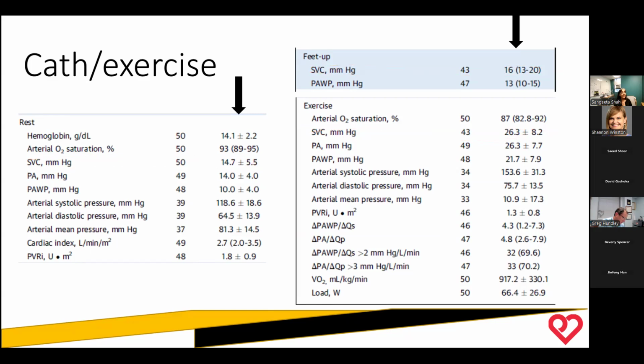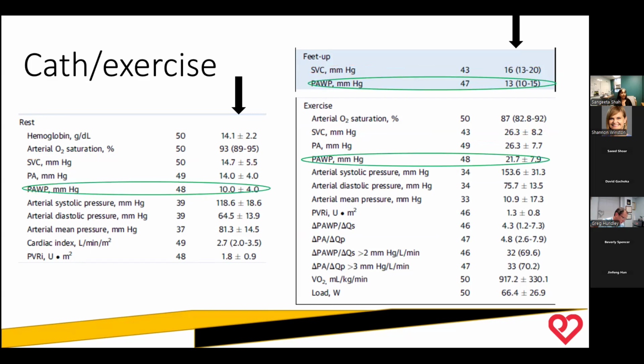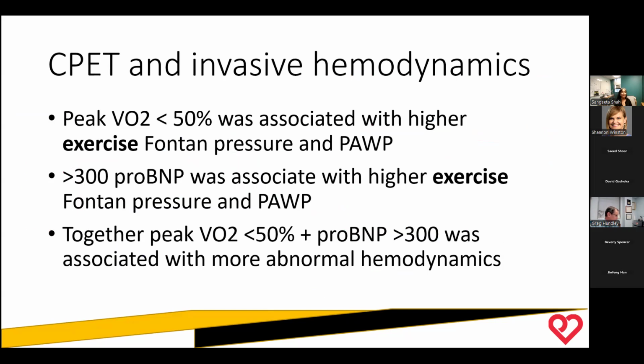If we look at wedge pressures, baseline is 10, feet up is 13, and with exercise, you get to 22. What this tells us is that these patients' whole heart does not have the capacity with exercise, the interplay between that.